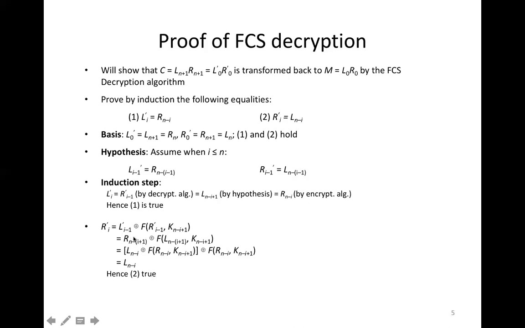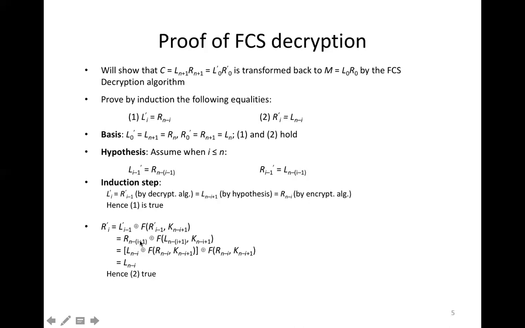We know this L sub i minus 1 prime, by the hypothesis, is equal to this, which is n minus i plus 1.